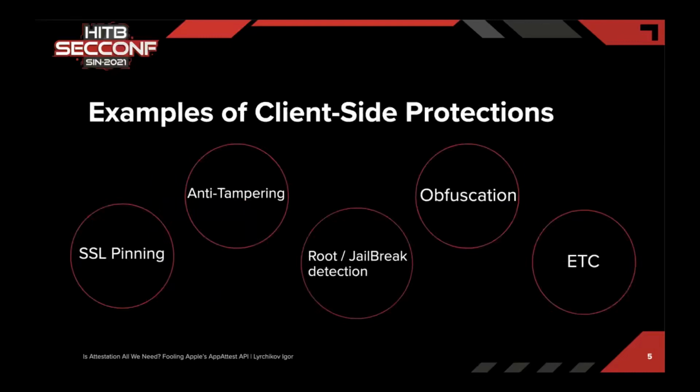Now let me name those client-side protections that mobile application developers sometimes want to implement. Based on the requirements or recommendations of different standards, we know there is a wide range of protections, starting from the most popular things such as basic SSL pinning or root or jailbreak detection.